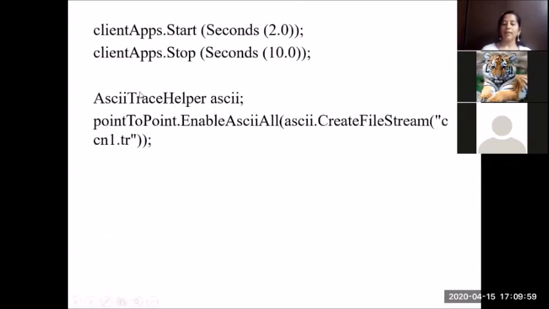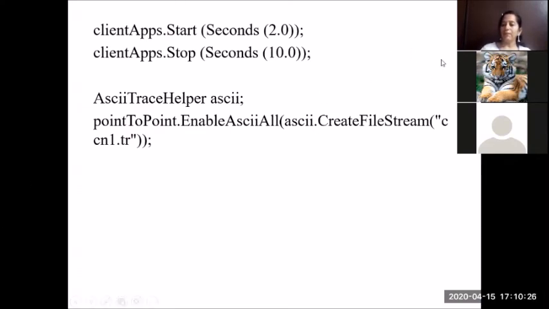Next, in the end, if I want to see this, I want to use trace metrics, which is a way of checking the output. Then I have to use this helper. ASCII trace helper is a helper class to enable storing traces of all files. And I want to enable this ASCII trace file here.